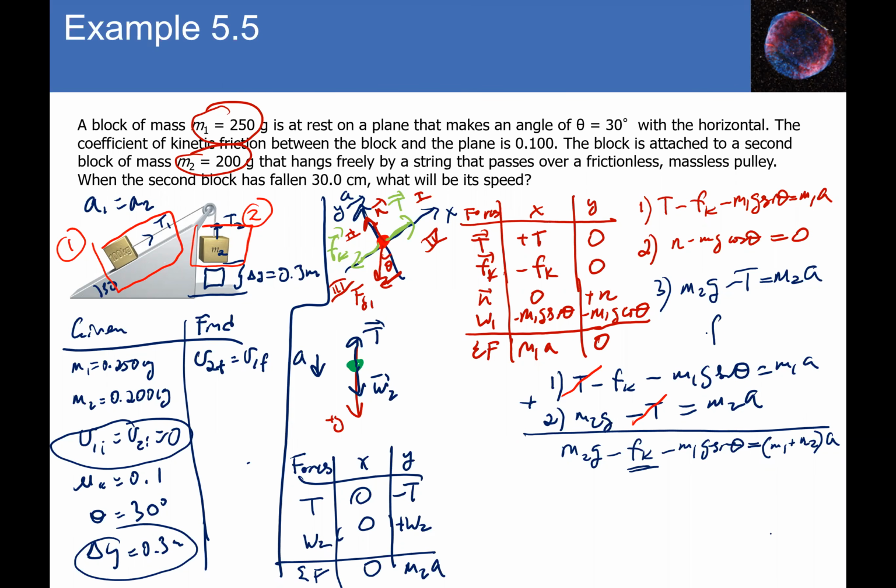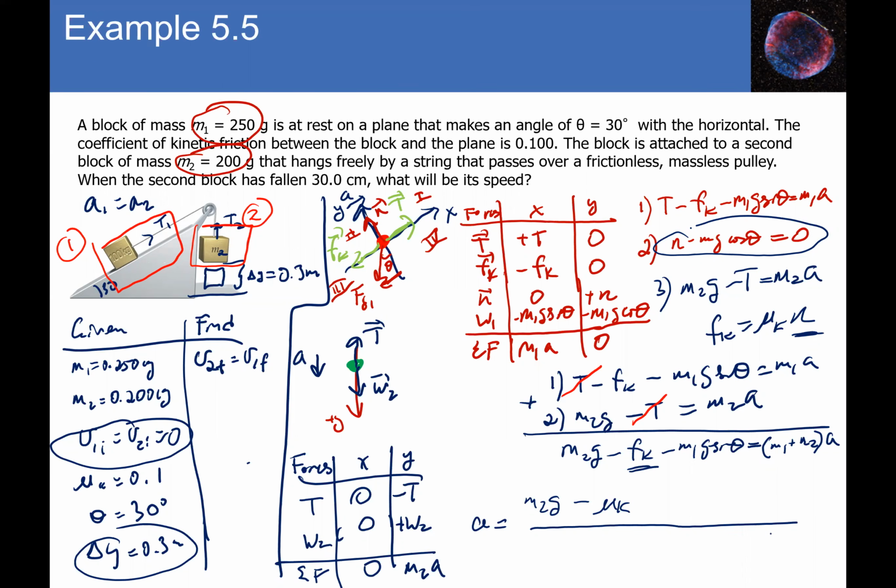But remember, I know that f_k equals coefficient of k times normal force. That means I can say, all right, so acceleration equals, and I have this giant equation. So I have m2g minus, so now for f_k, I'm going to put mu_k times normal force. But equation 2 tells me what normal force is. Normal force is mg cosine theta, because N minus mg cosine theta equals 0.